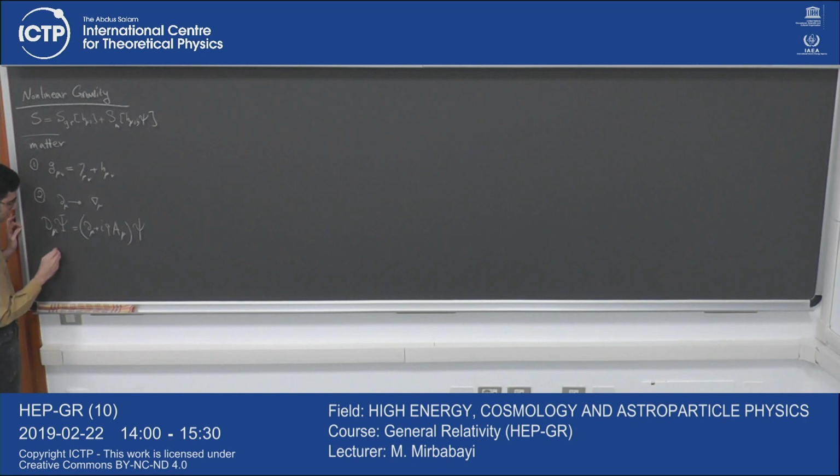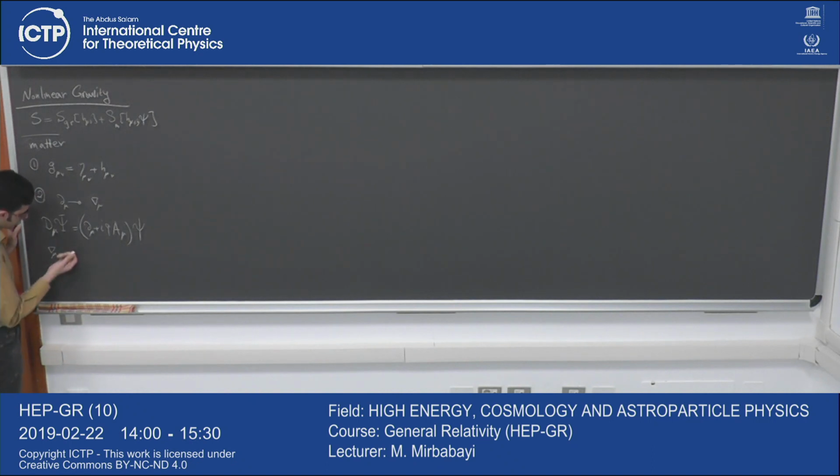Now here is a more complicated version. When I act by this covariant derivative on a vector or on a tensor field, it will have different expressions because vectors and tensors with different ranks live in different representations of our symmetry group.